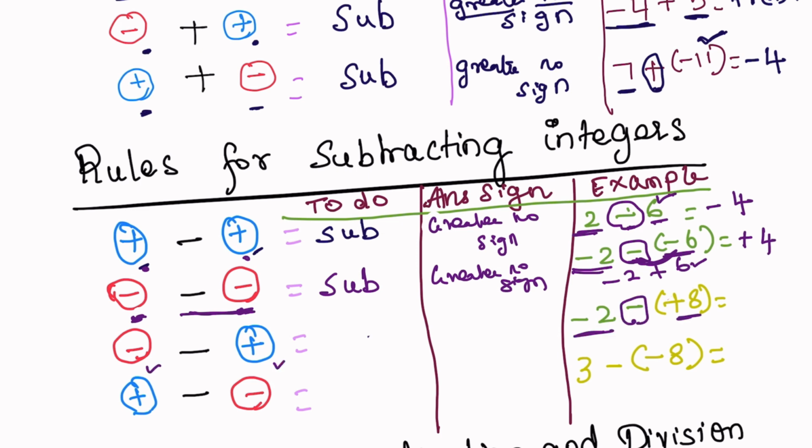Again, when one number is negative and one number is positive, what do we do? We do addition and give the sign of the greater number.